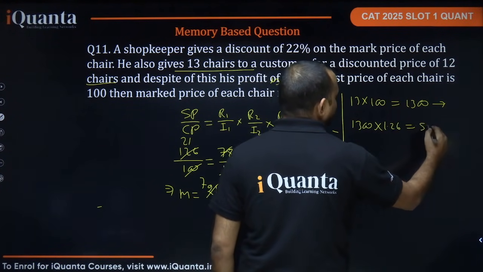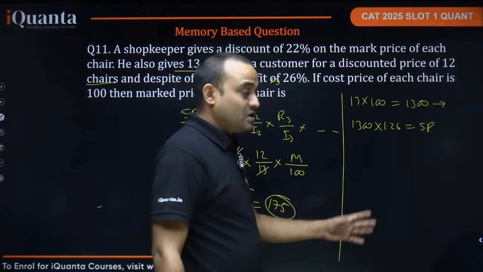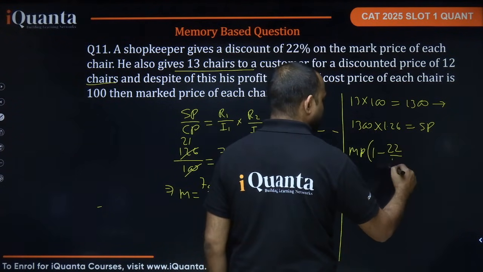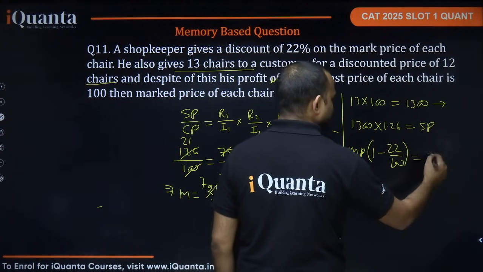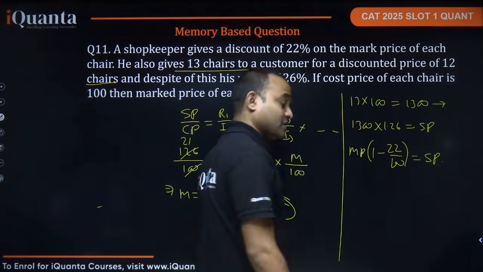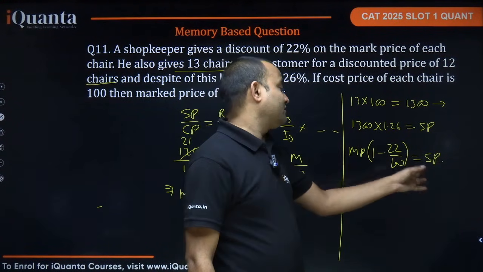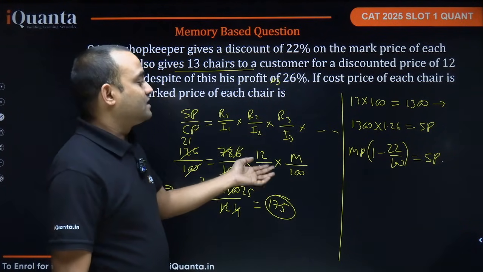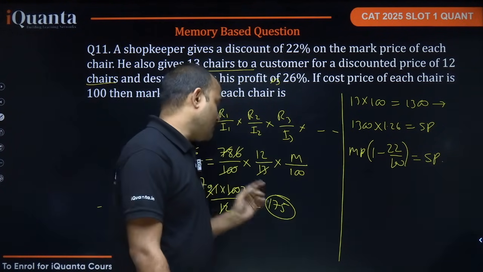This will be our total selling price, correct? Now, mark price, if I discount this, then this should be this value, total CP, total SP. So from there, you get the value of MP per chair. Total MP, whatever is given, and from there you will get the same value, which is 175.